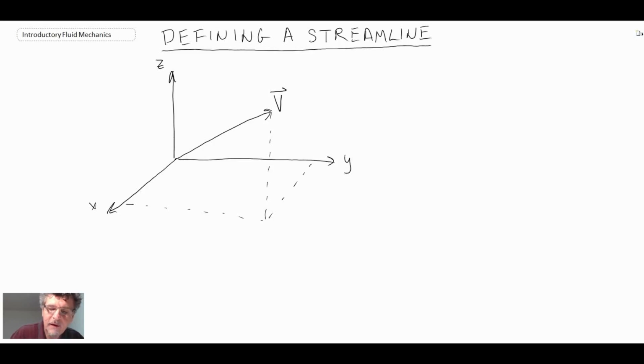In the x direction, this velocity vector will have a velocity component little u. In the y direction, it will have a velocity component little v. And in the z direction, it will have a velocity component little w.